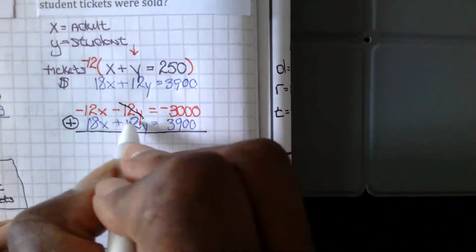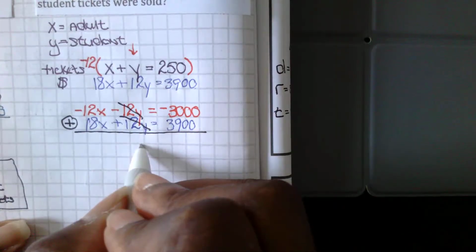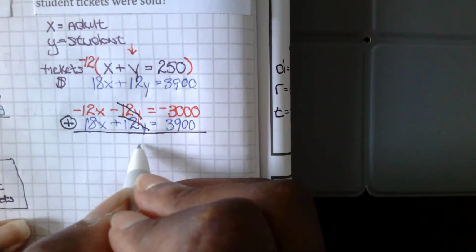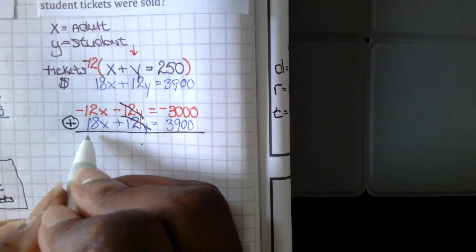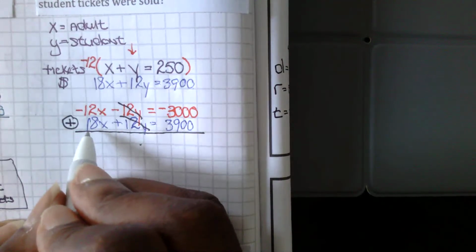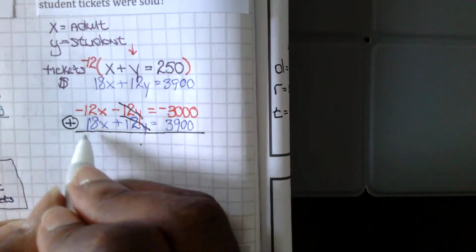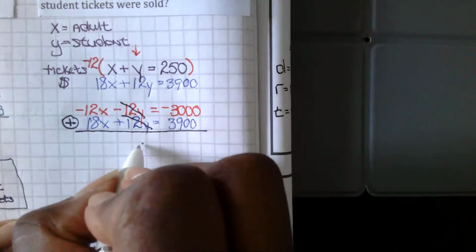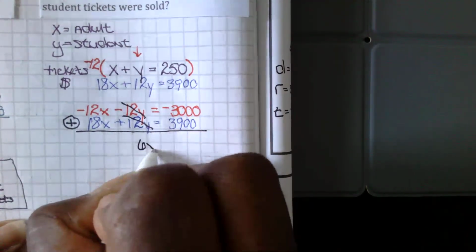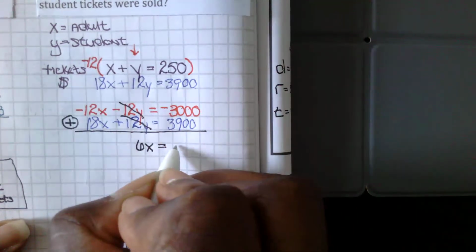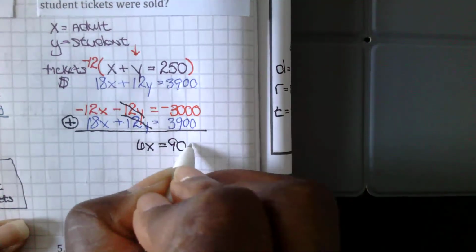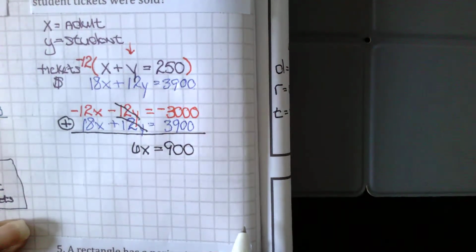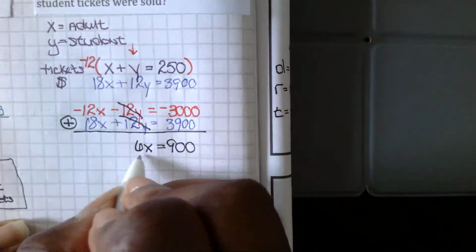Since they cancel out to give me 0, I don't need that 0 as a placeholder, because I still have this negative 12x and 18x to combine, and they stay on the same left-hand side. So that gives me 6x equals 900. That sounds familiar.